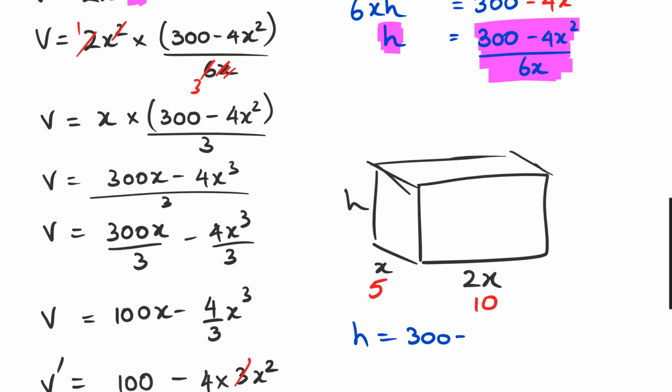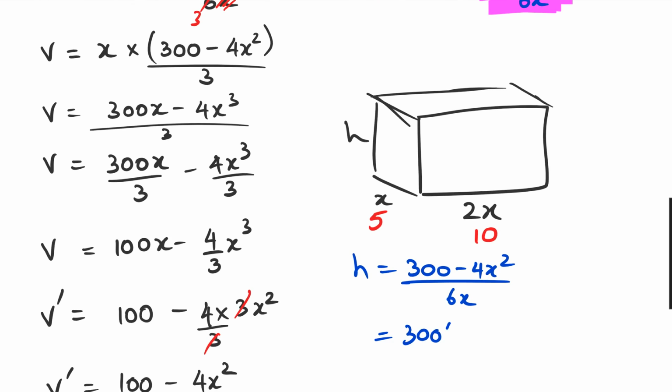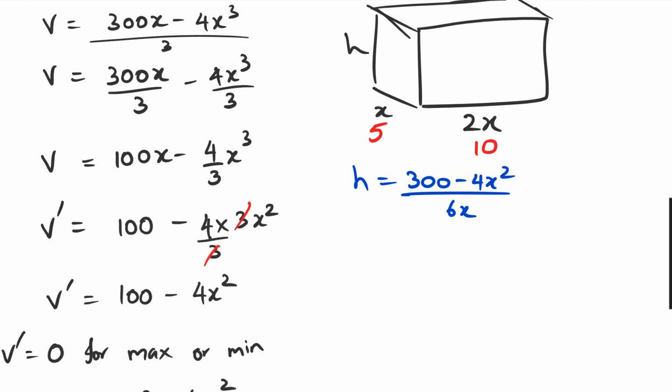So we got 300 minus 4x squared over 6x, and because x is equal to 5, so we got 300 times 5. Sorry, I just realized I made a mistake there. Going back, h is equal to not 300 times 5, but 300 minus 4 times 5 squared, and that's divided by 6 times 5.